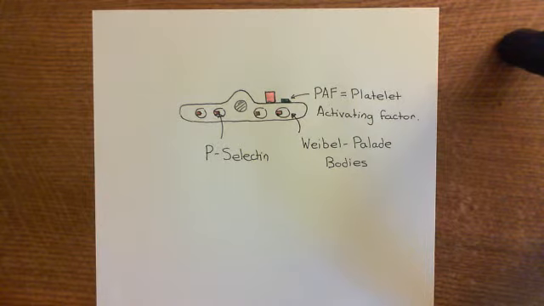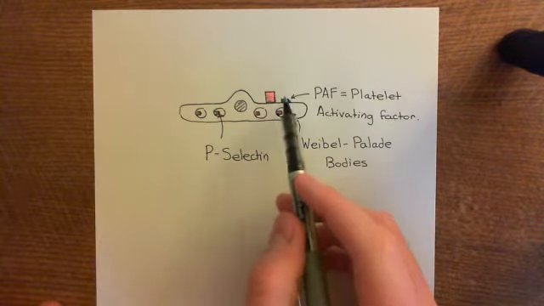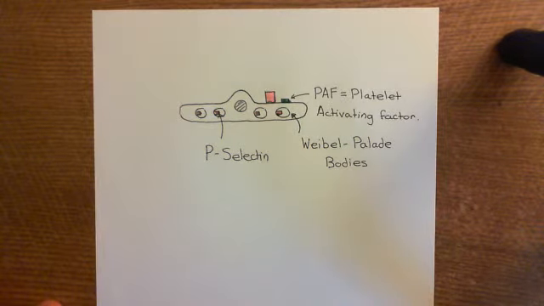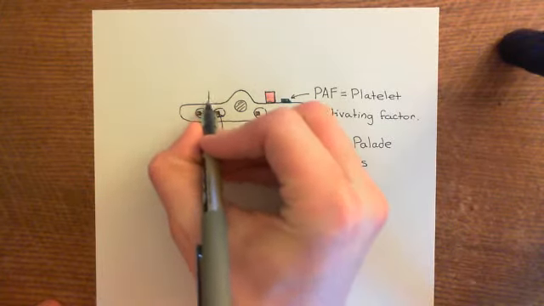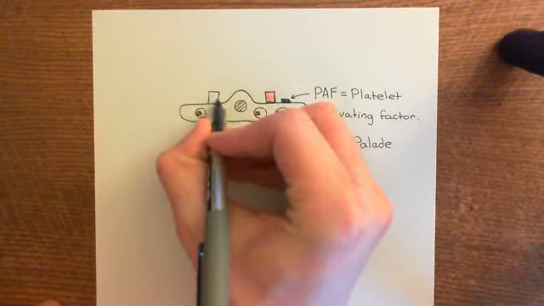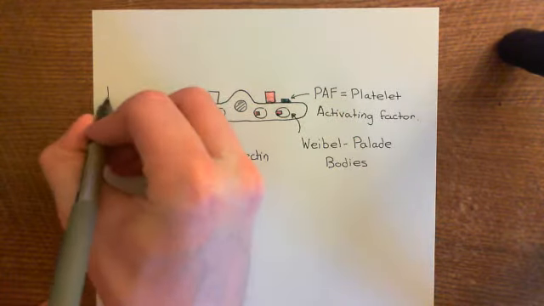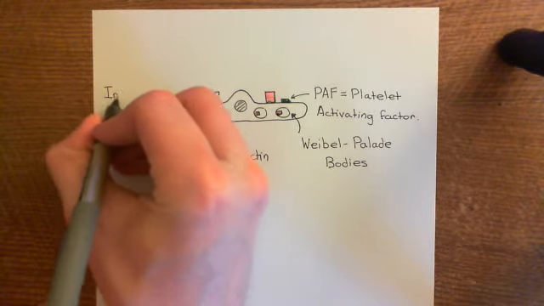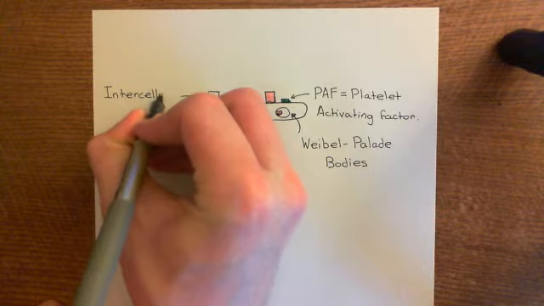Now, let's discuss how we recruit neutrophils, because actually, we need to talk about one more molecule that is on the surface of the endothelial cells. Now, this is constitutively expressed on the surface of the endothelial cells. Okay, so it's on all endothelial cells within your body, and its name is the intercellular adhesion molecule 1.